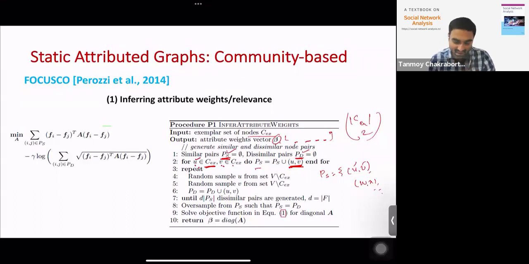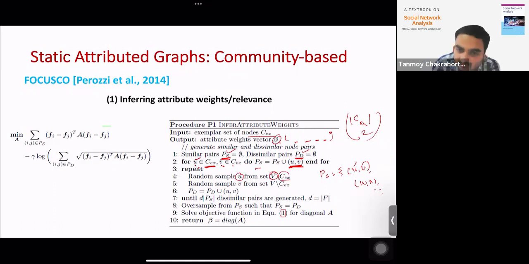These are similar pairs. Now let's look at dissimilar pairs, right? For dissimilar pairs, again, the idea is very simple. You randomly sample one node from the V minus CEX set. So V is the total node set, and CEX is the set of exemplar nodes.